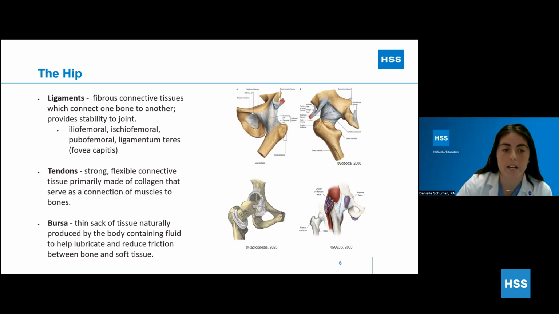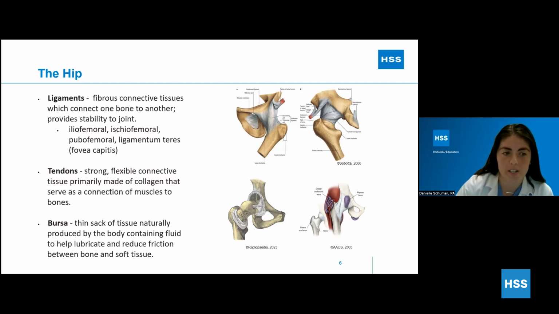The anterosuperior aspect of the hip is where the capsule is the thickest, as that is where most weight-bearing stress occurs. The ligamentum teres is a small ligament connecting the femoral head to the acetabulum, the socket, and its primary role serves as a secondary stabilizer to the hip joint.